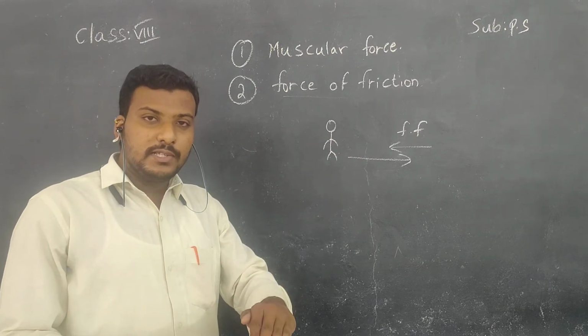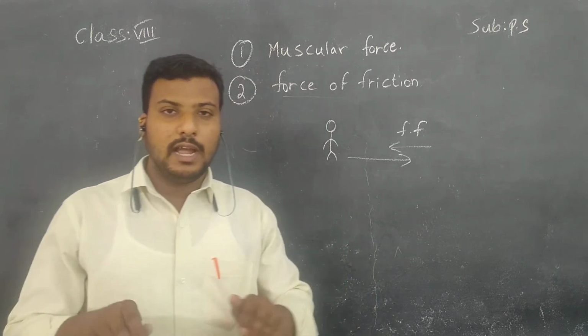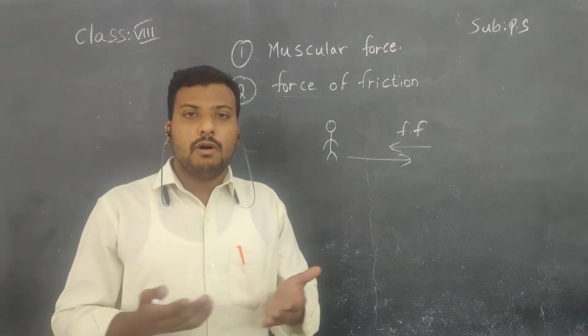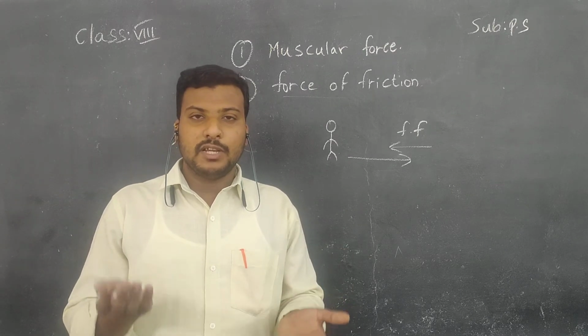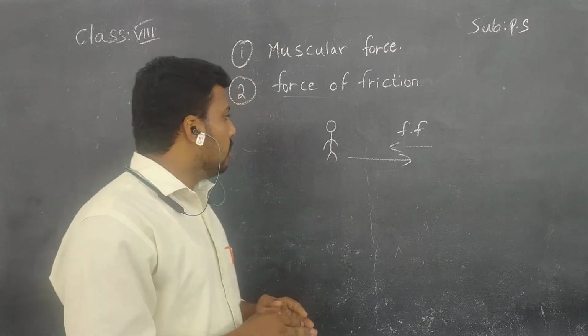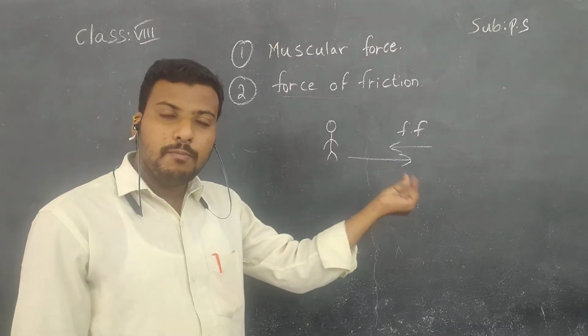If it is more, we cannot move, because on the land the friction is more. We cannot move easily because on the land there are many ups and downs. The land is not even. So friction always acts in the opposite direction to the movement of a body.